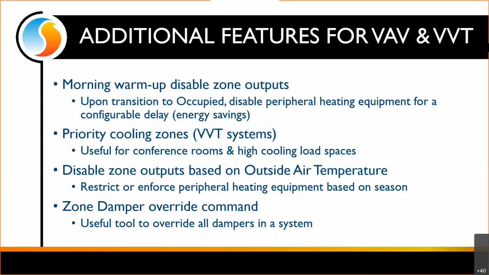So we've seen this in conference rooms because when we're talking about a VVT system, every zone has a different voting weight. Well, it's a little bit tricky with a conference room because a conference room, number one, is empty probably about 90% of the time. When it does fill up, it tends to fill up quite quickly with a lot of people. So there's going to be a cooling request very quickly coming from that space.